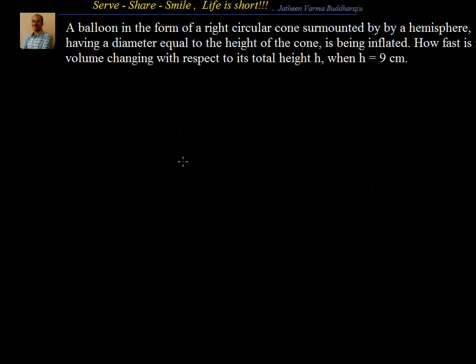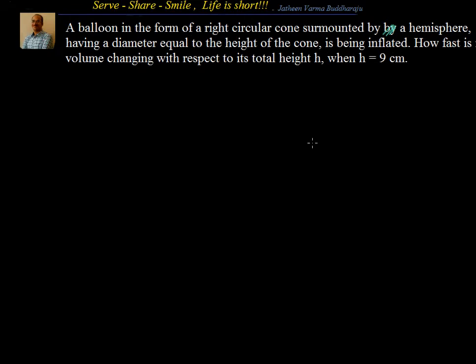Let's do one more problem. Let's look at this interesting problem. Let's read that. A balloon in the form of a right circular cone surmounted by a hemisphere having a diameter equal to height of the cone is being inflated.